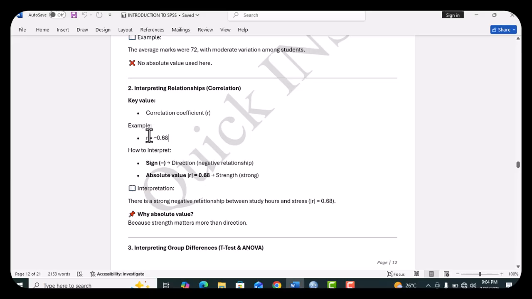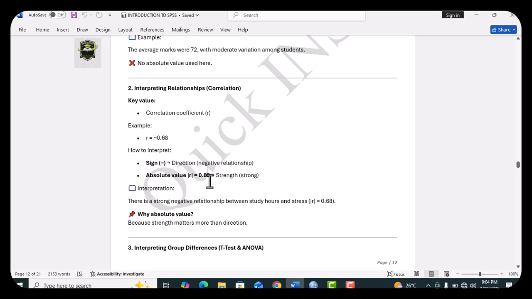But if you want to interpret, you interpret with respect to the sign. So here we have r to be negative 0.68, and we interpret: there is a strong negative relationship between the study hour and stress.